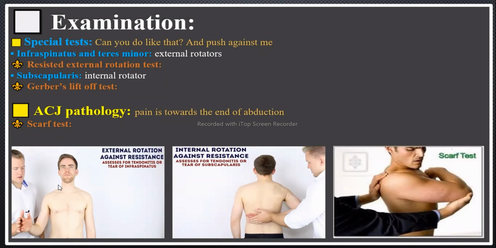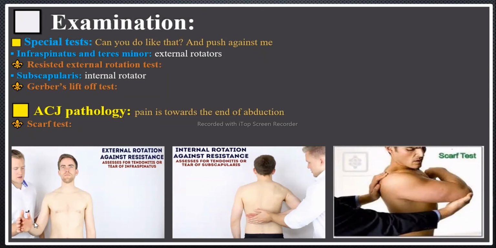If the patient has only tenderness, what is the problem in this test? Impingement. Which muscle? Infraspinatus and teres minor impingement. Clear?